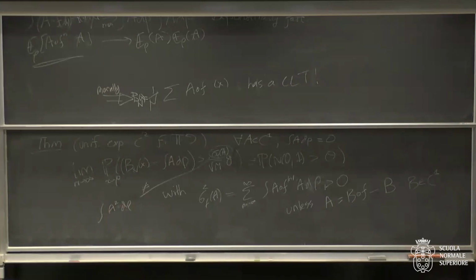Wait, so you're suggesting that we say that the integral of A composed with f to the n, times A, d rho, is estimated by 1 on n times a sum over x. And then you do that for all the different n.